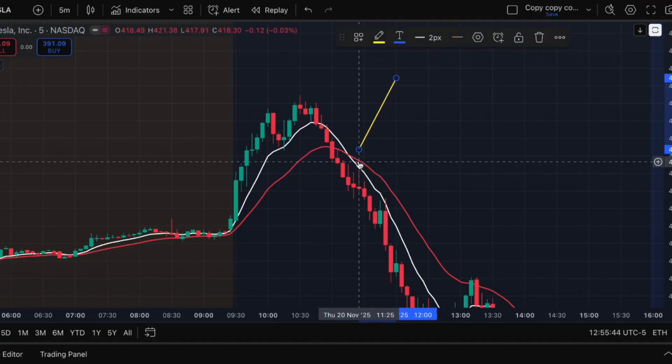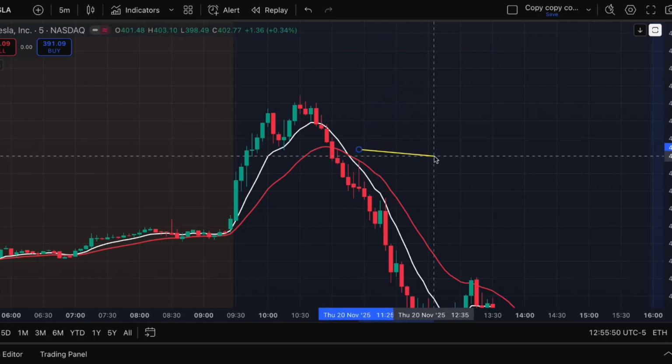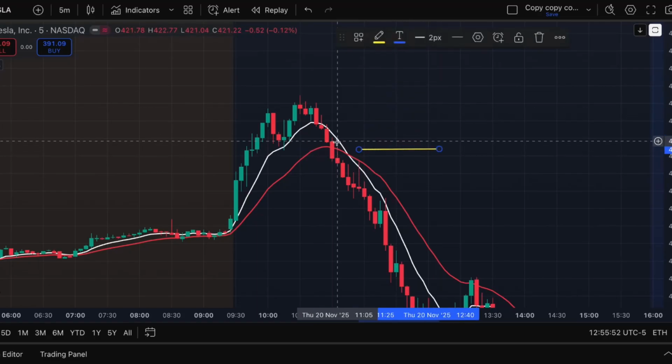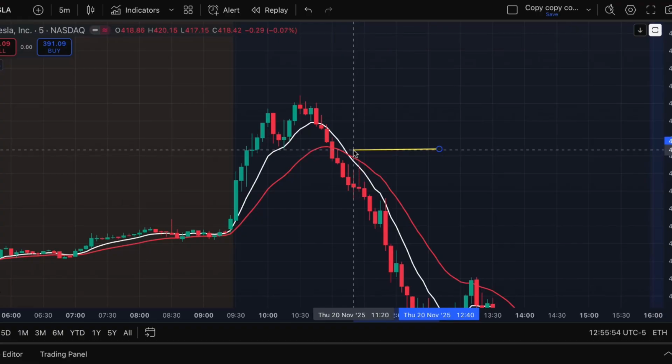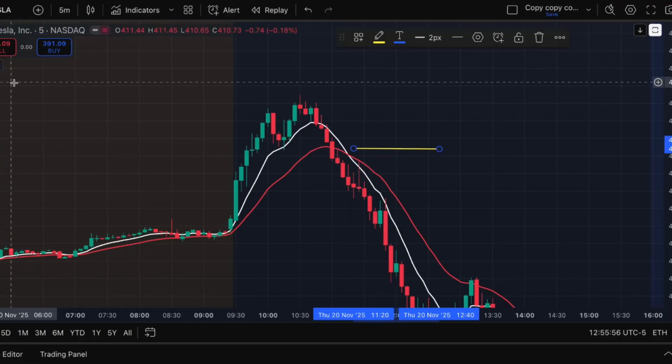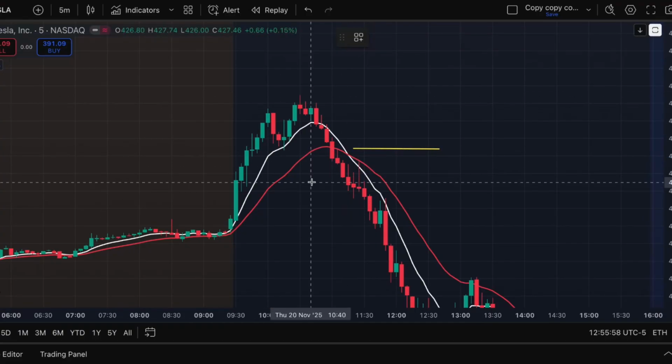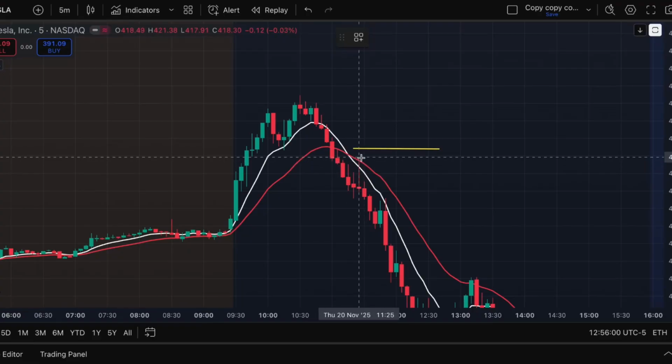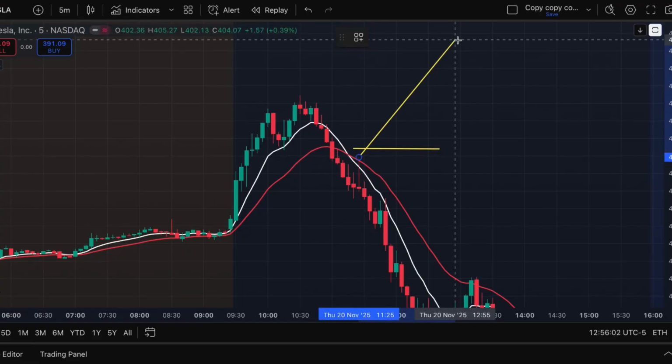So what you could have done is put a short position right here, and then put your stop loss just right above this, just in case we have that super crazy reversal and then it's like boom, you know what I mean?